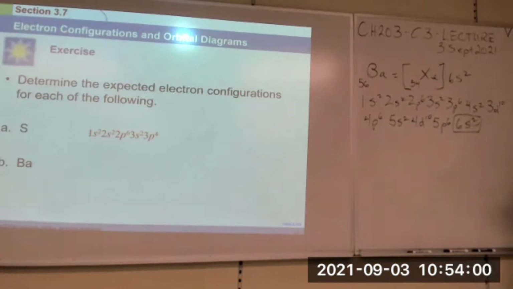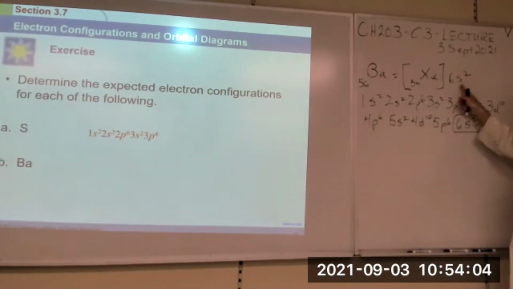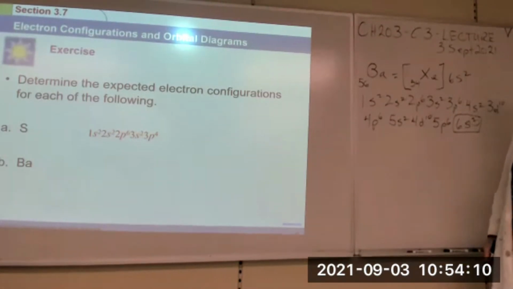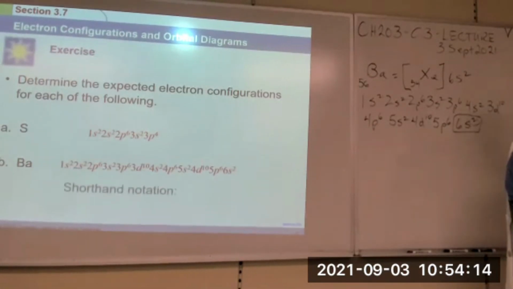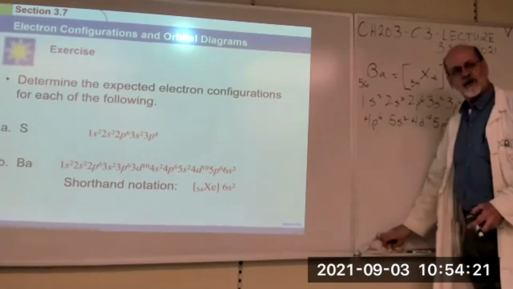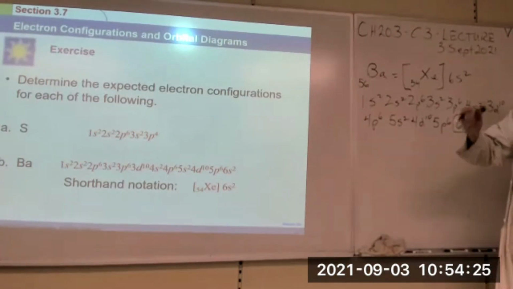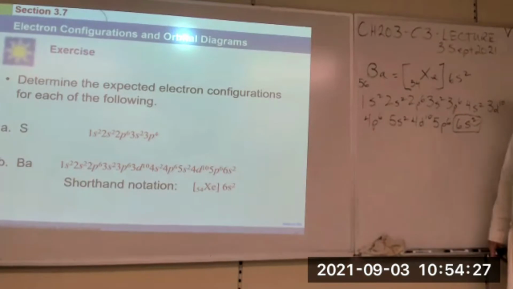The electronic configuration of barium looks like xenon as its core with the valence tacked on. So that's the ultra shorthand. That's the full thing, and this is our shorthand notation. I started off really complicated, and now I'm trying to simplify and make things move faster and easier.